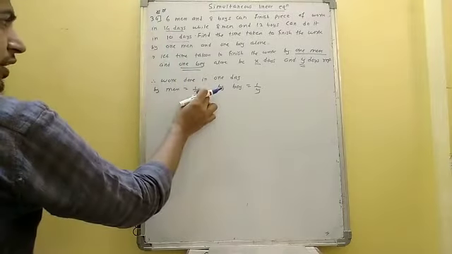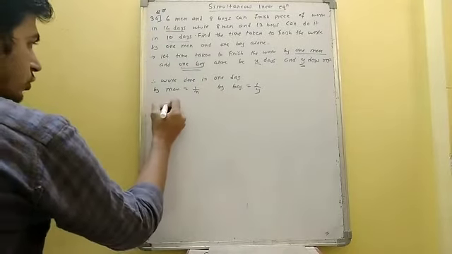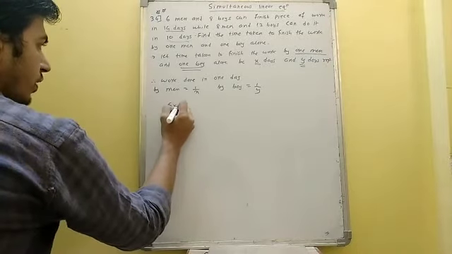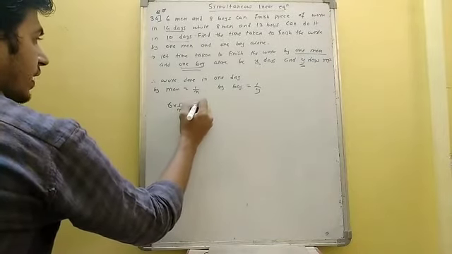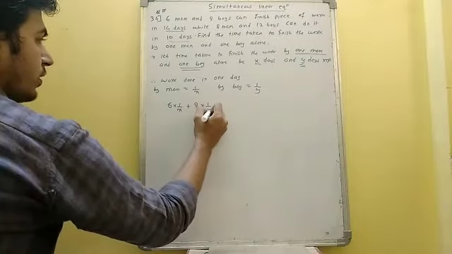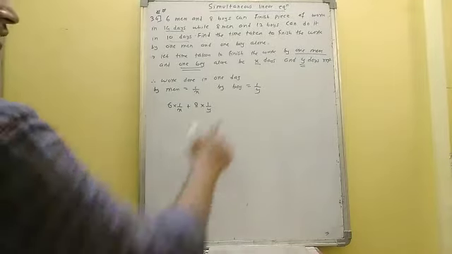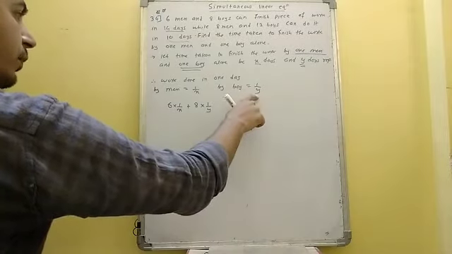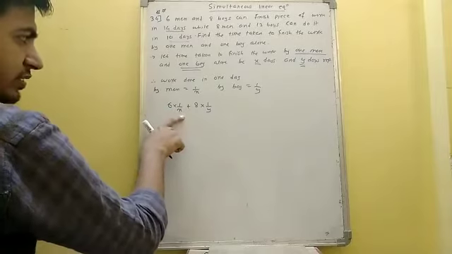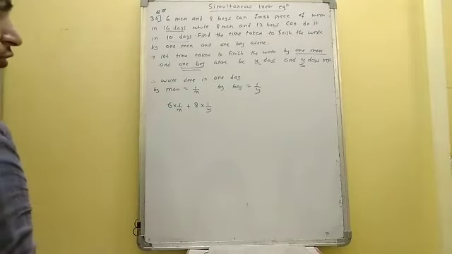So this is one day work of 1 man. So 6 men, one day work will be 6 into 1 upon x plus 8 into one day work of 1 boy. One day work of boy is 1 upon y and one day work of 1 man is 1 upon x. If the 6 men and 8 boys are working together, how much work will be completed in one day?